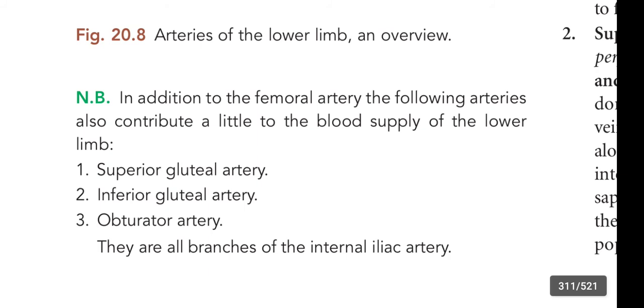They are all branches of the internal iliac artery. What are the branches of the internal iliac artery? Superior gluteal artery, inferior gluteal artery, obturator artery.